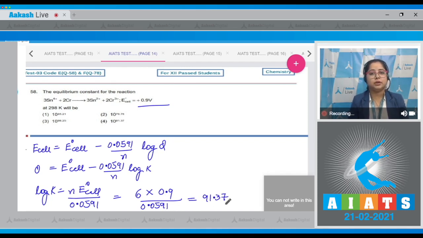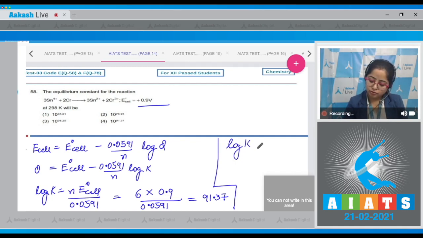Students, again I'm telling you that I have already multiplied and divided the equation. Please avoid using a calculator. So it is very clear. Now I'm writing on the right hand side, log K is equal to 91.37. That means K is equal to 10 raised to the power 91.37. So the correct answer for this question is option number 4.